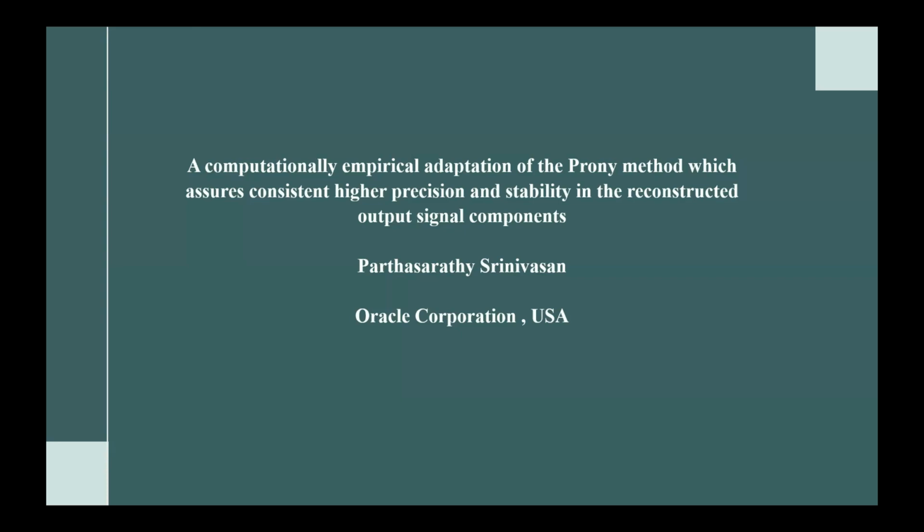We have some assured lower bounds in the precision of the computation, and that was the subject of investigation in this study. Essentially, there is a certain nuance or insight which at least experimentally shows that we can potentially get a consistent higher precision with the Prony method.